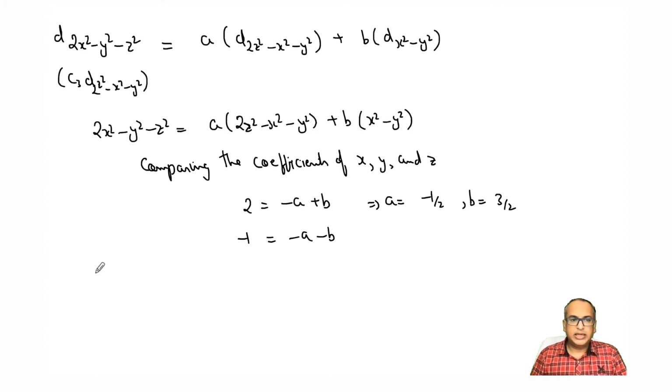So now we can say that this d2x square minus y square minus z square is equal to minus half of dz square plus 3 by 2 of dx square minus y square, right?